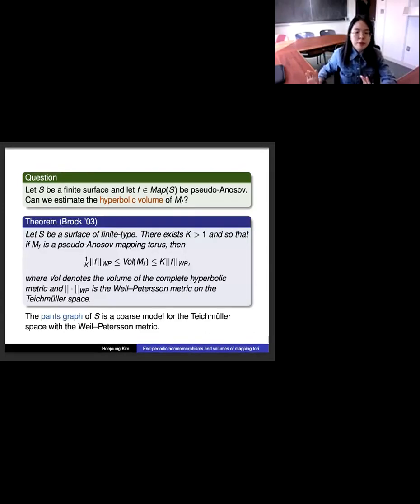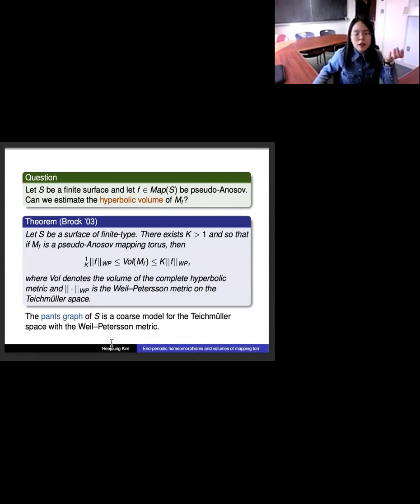In fact, Brock proved that we can estimate the volume in terms of the length of f in the Weil-Petersson metric on the Teichmüller space. So there exists a constant K such that the volume is bounded below by 1/K times the length of f and bounded above by K times the length of f.